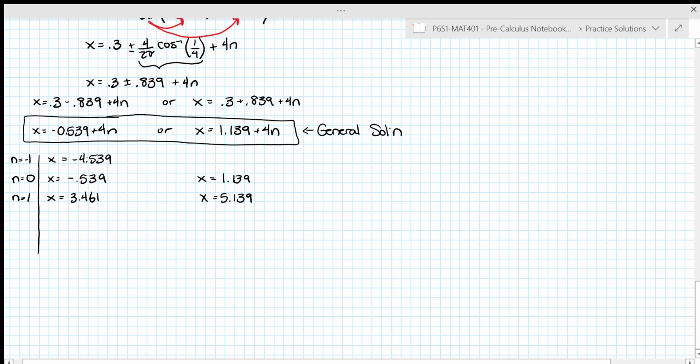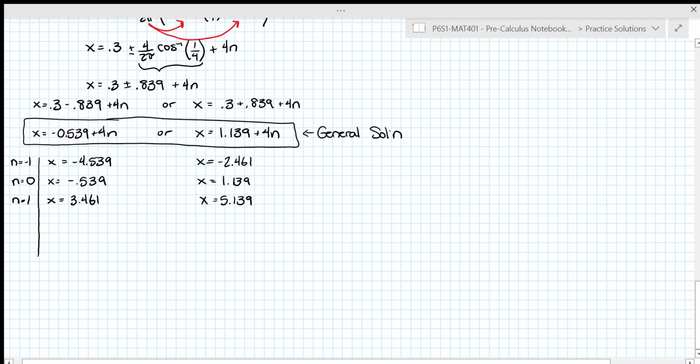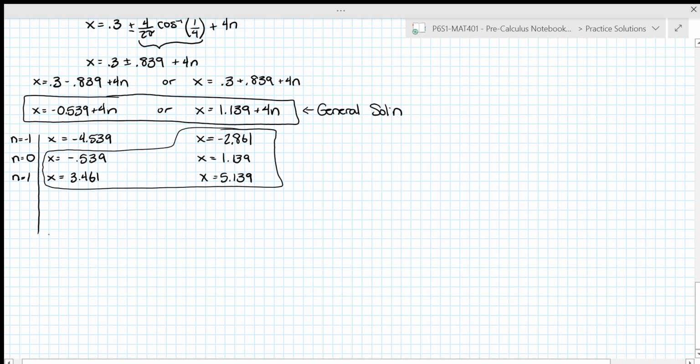It's not really one of the solutions that it's looking for, but this one, 1.139 minus 4 should be negative 2.861. And that's where I would get my 5 solutions there.